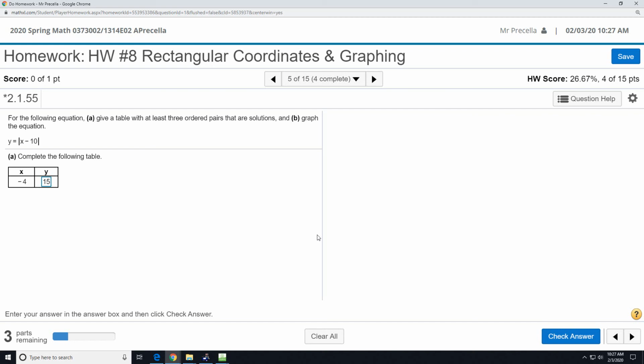So I'm putting in negative 4. And this time don't help me, although you've already helped me. Let me see if I can do it right. Negative 4 minus 10 is negative 14. I don't know where I got 15. The absolute value of negative 14 is positive 14.